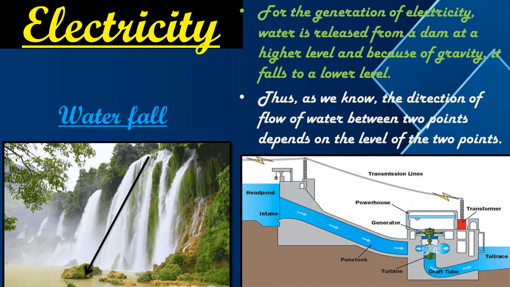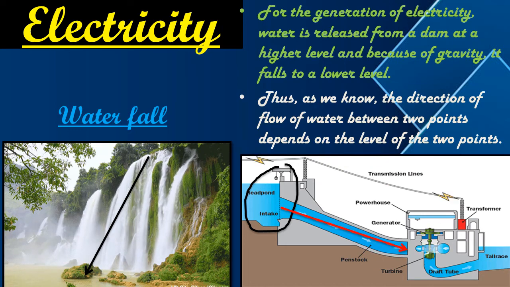This is the structure of a dam, in which you can observe here it is a dam, a type of water reservoir. From the water reservoir, or here you can observe the head pond, the water is taken from the pond or dam, and then this whole construction is made so that water is carried from one point to another point.